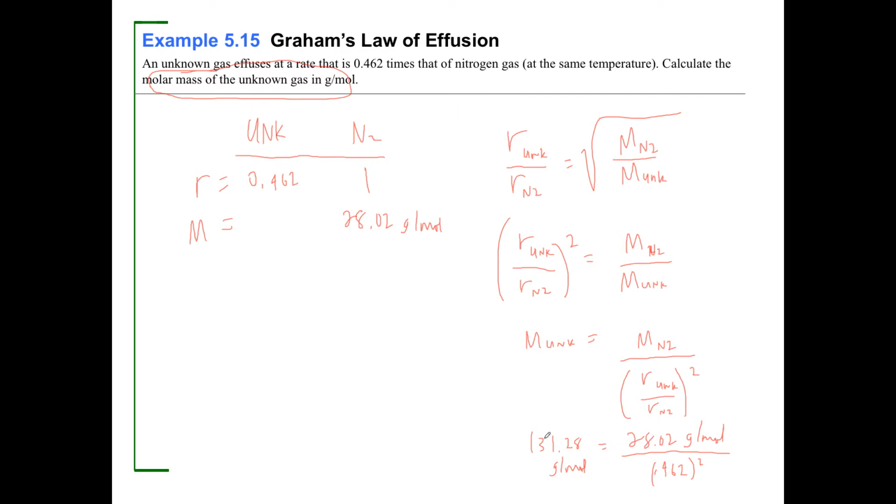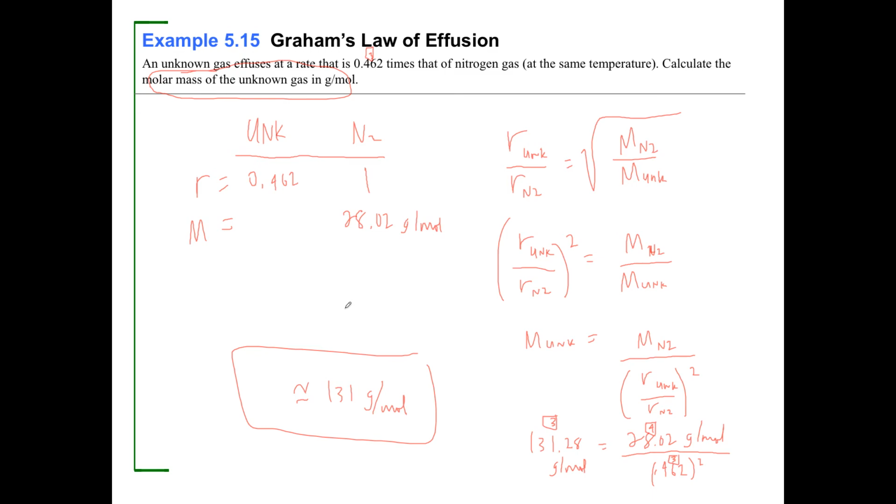131.28. And this is 3 sig figs, and this is 4 sig figs, so this is going to have to be 3 sig figs. So we're going to say this is 131 grams per mole. You know what the next question is, right? The next question is, what is the gas? So I'm going to look this up in the periodic table.